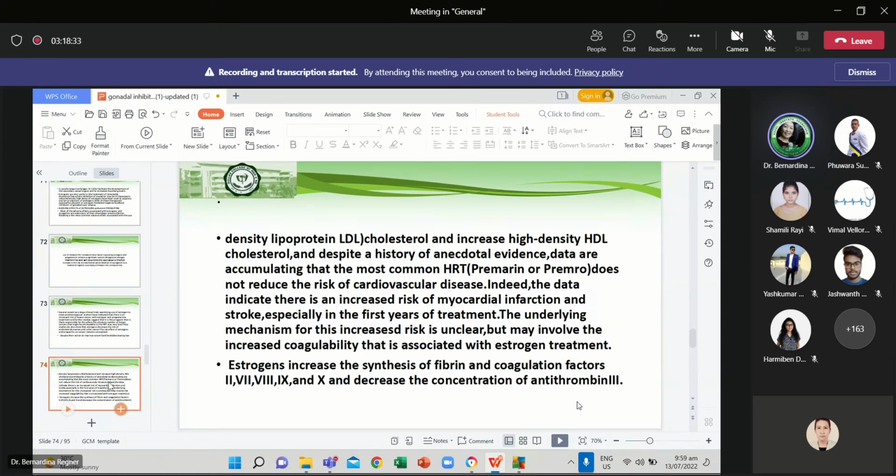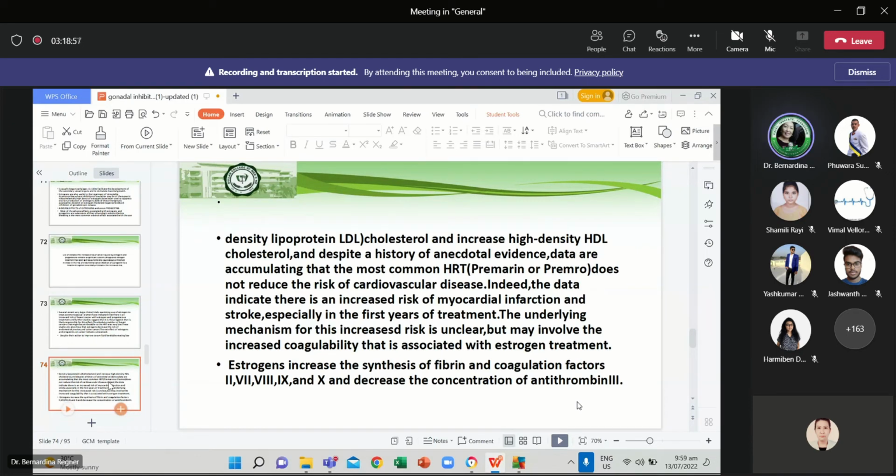So there has been an indication that there is an increased risk of MI and stroke, especially in the first years of treatment with hormonal replacement therapy. The underlying mechanism for this is unclear, but it can involve an increased coagulability associated with estrogen treatment.